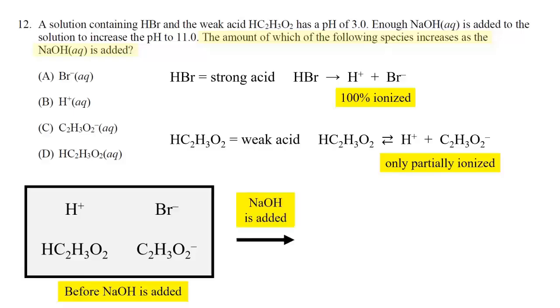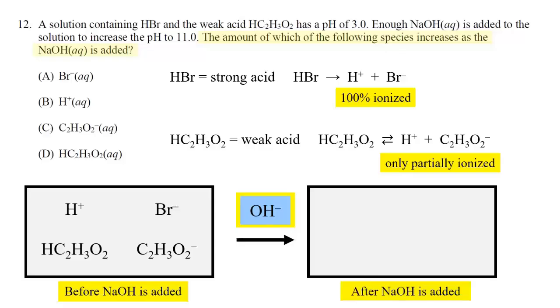Now, when I say sodium hydroxide, I'm really focusing on the hydroxide ion, not the sodium ion. Can the hydroxide ion react with a negative ion such as bromide? No. OH minus is not going to react with Br minus. Therefore, I don't consider the Br minus to be affected by the addition of sodium hydroxide.